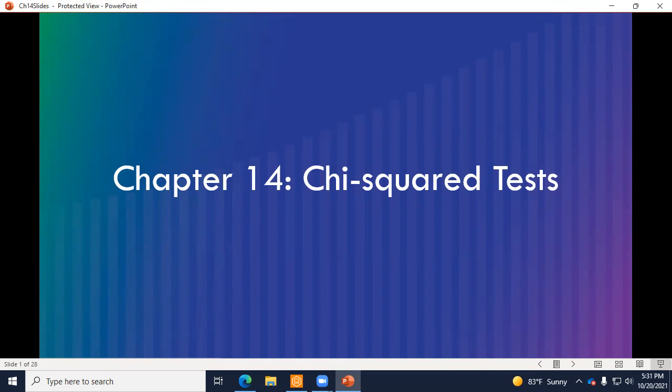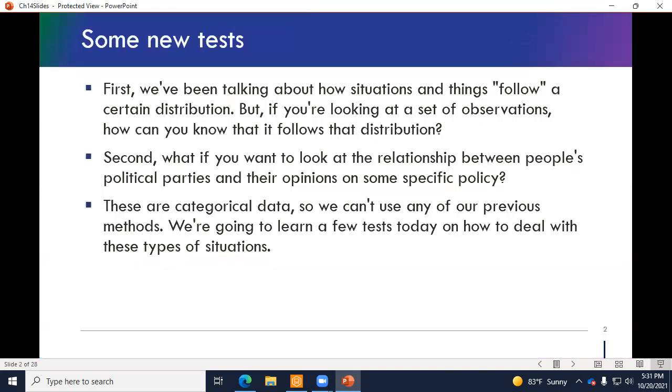Once we get into the material, you probably will get why we talk about this first. But anyway, let's proceed to the chi-square test.